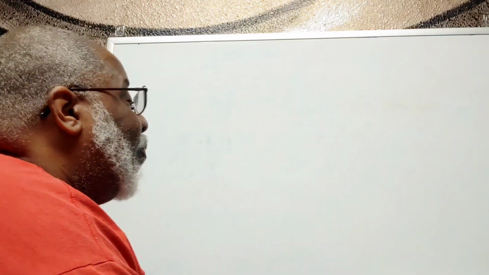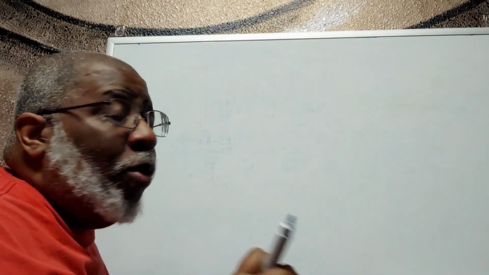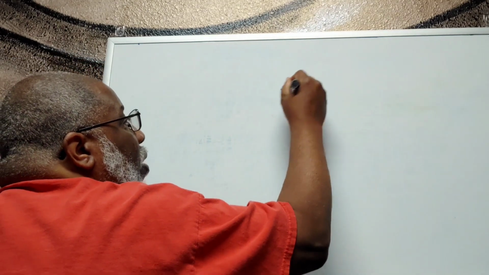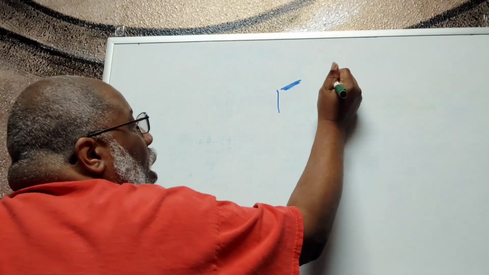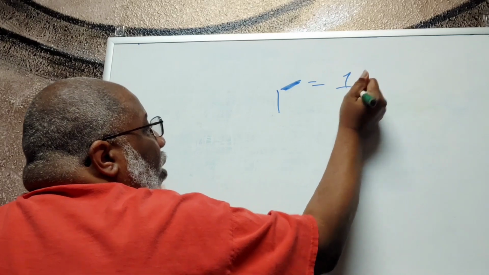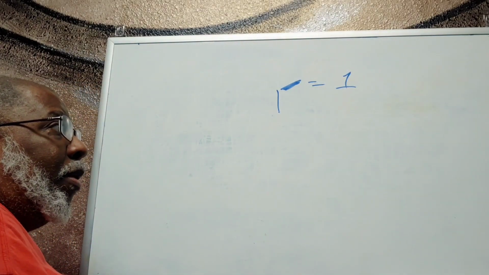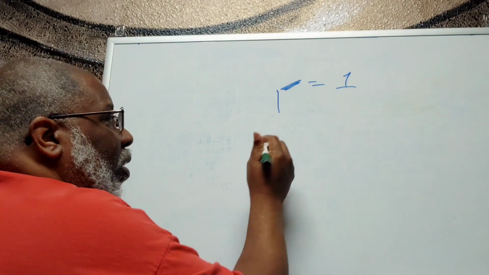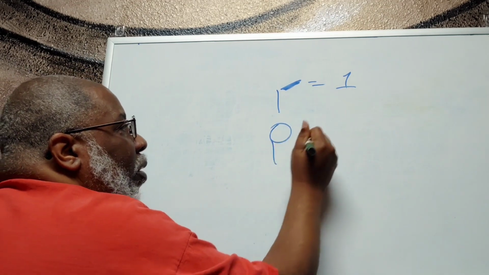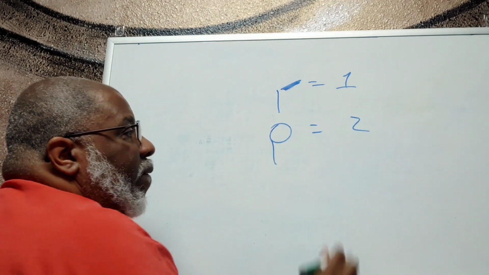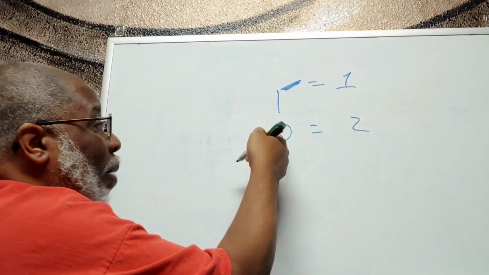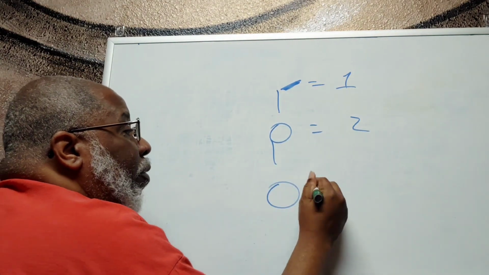Isn't that cool? Here is the double relationship. We know that this equals 1 count in 4/4 time. If we double it, we get a half note. If we double it, we get a whole note.